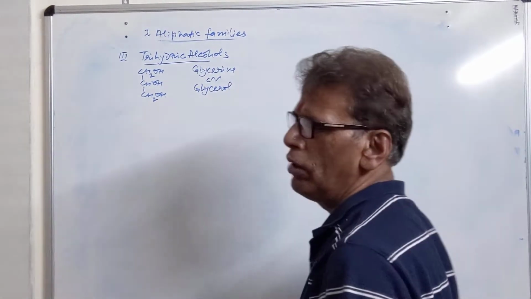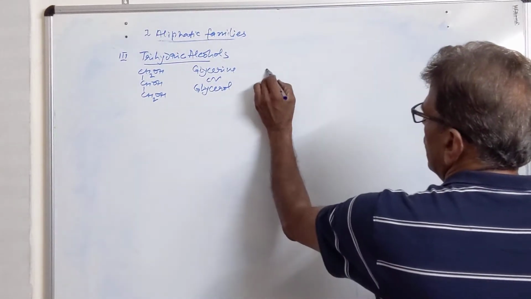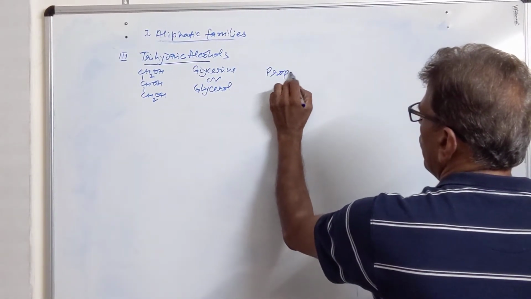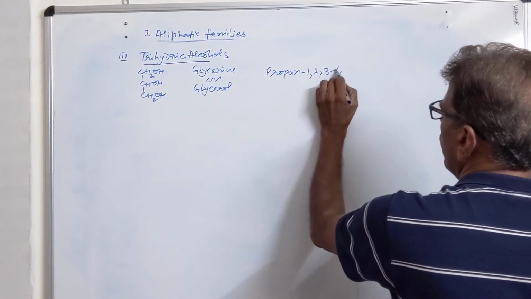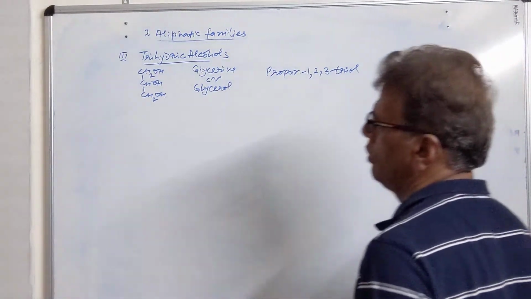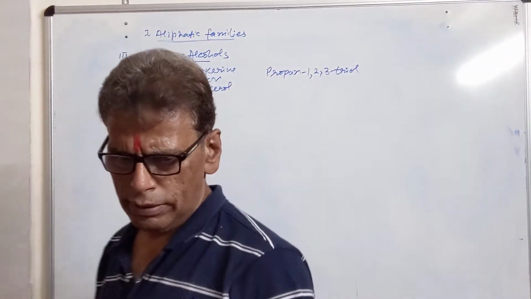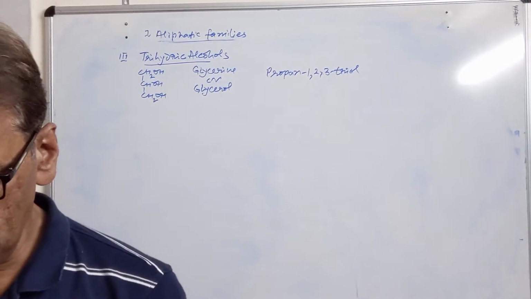IUPAC name, we see the longest chain. It is propane-1,2,3-triol. 3 OH groups, named as triol. So this is our second family having OH as the functional group.